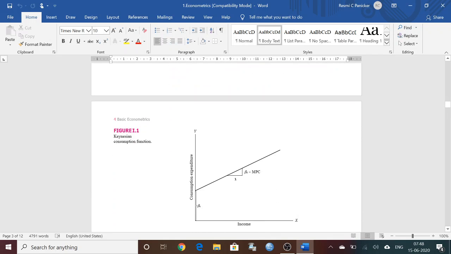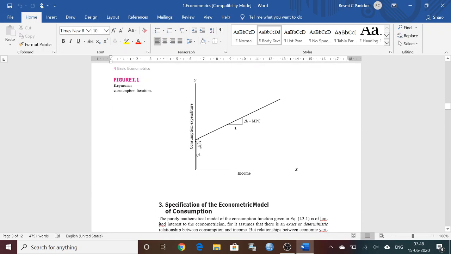I can show you the graphical representation. Here income x is measured on the x-axis and consumption expenditure is measured on the y-axis, and the consumption income relationship has been plotted as a positive slope, linear curve. And here you can see the slope always measures the rate of change between these two variables, consumption and income.